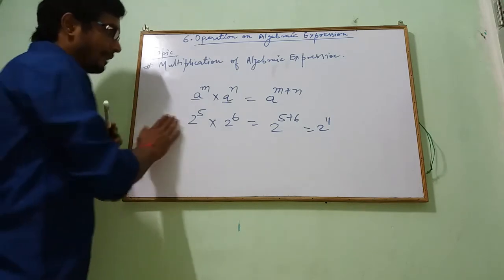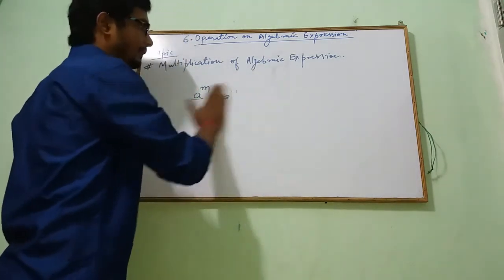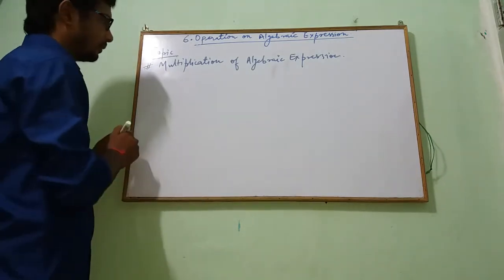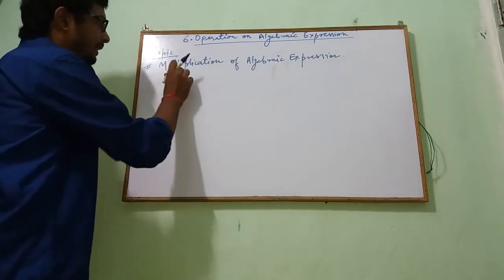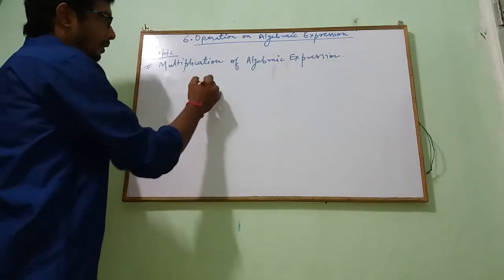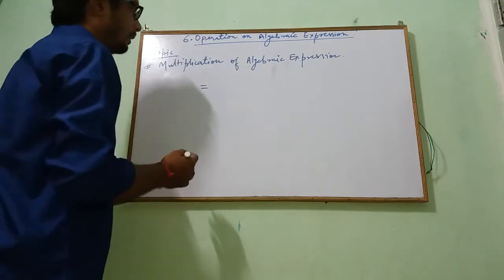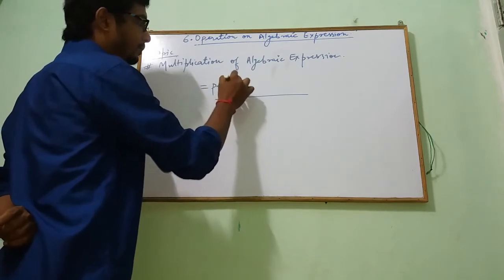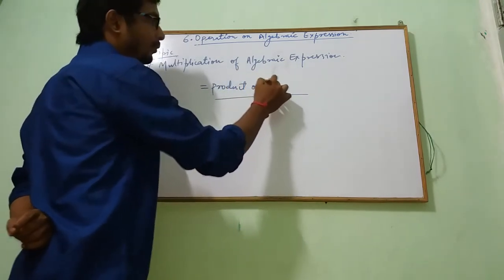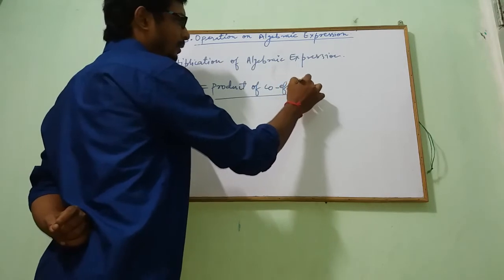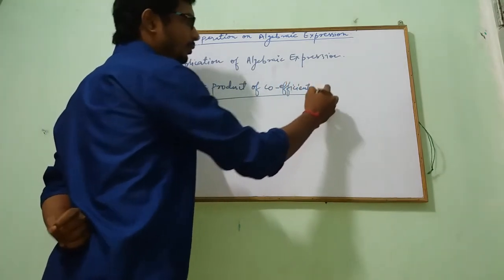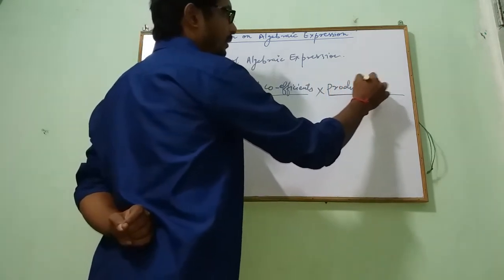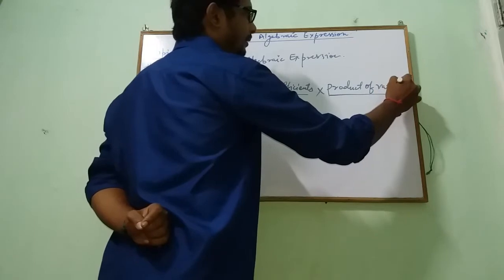One more thing we have to recall is, upon multiplication of algebraic expressions, the answer will always be the product of the coefficients multiplied by the product of the variables.